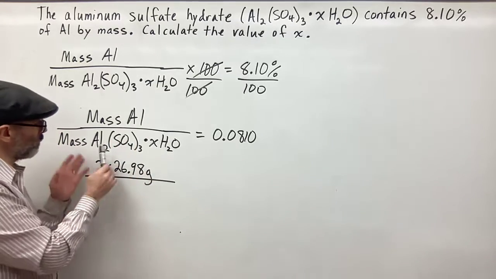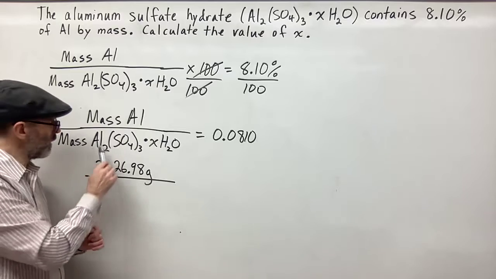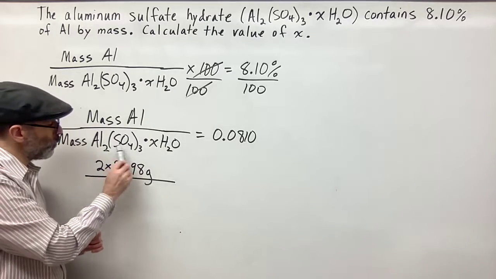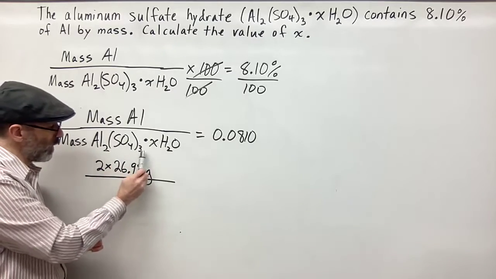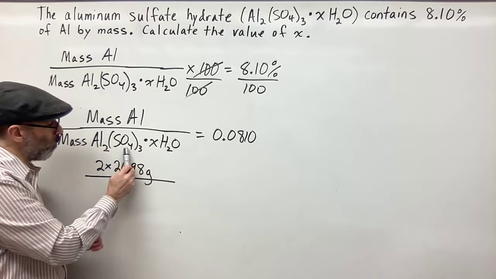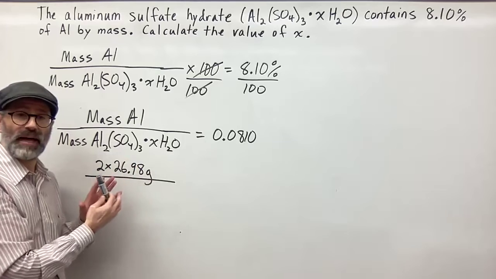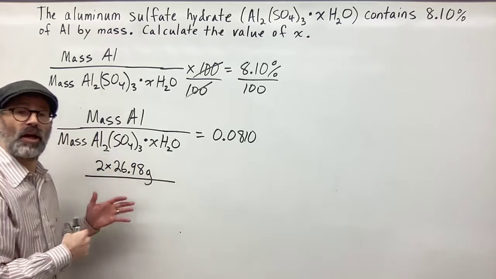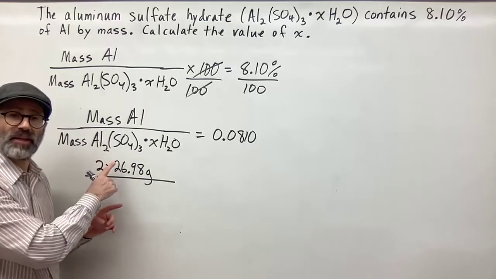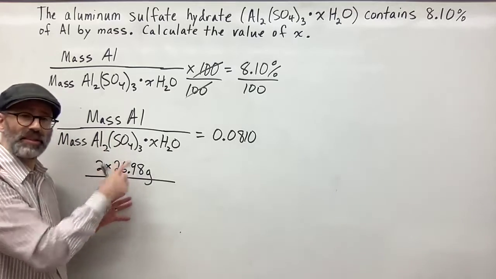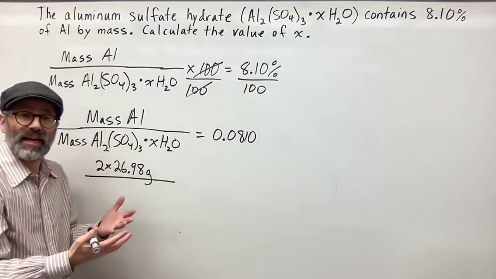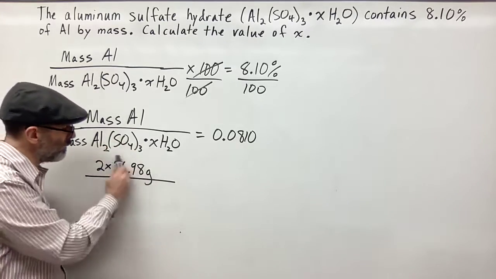When I do that, I'm going to add the molar mass of 2 aluminums, 3 sulfurs, because I have a 3 here, and then 4 times 3 is 12, so I have 12 oxygens. I'm going to add all of that together from my periodic table, looking up the atomic masses of each of the elements and adding those together, and that gives me the molar mass of this stuff.